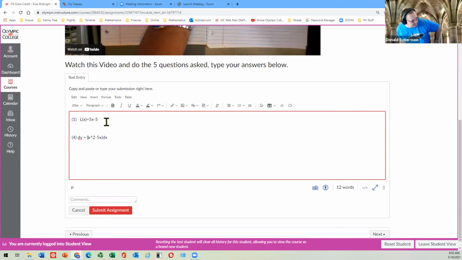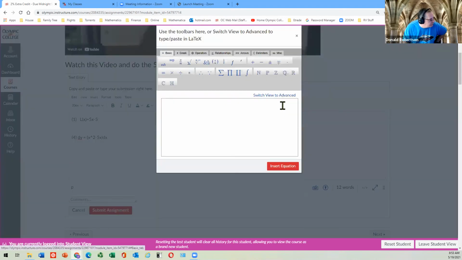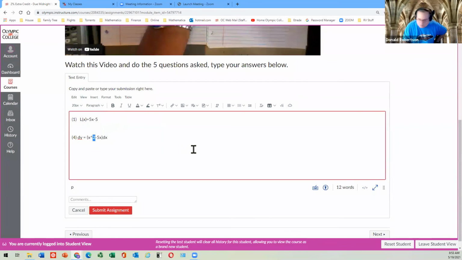So it's not the prettiest way of doing it, but you can play about with it. For those who feel brave, you can type in all the math symbols, but not everybody wants to learn how to use that. So your backup plan is just type it like that. But if you want to be prettier, you can do that.